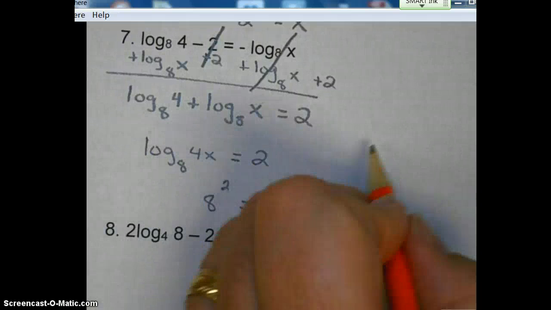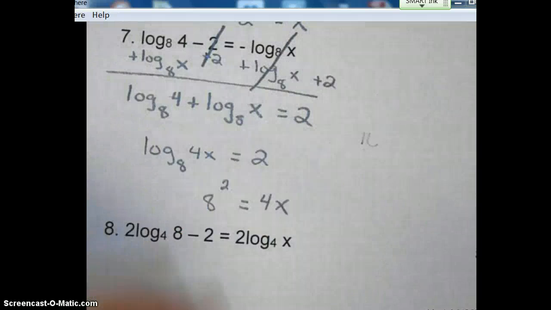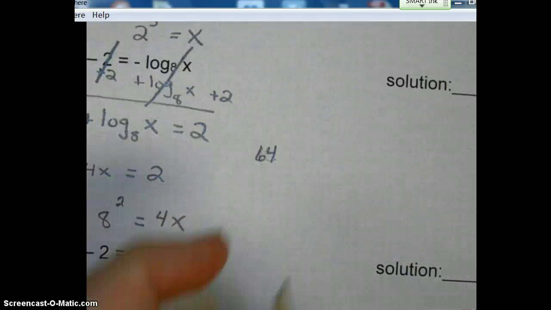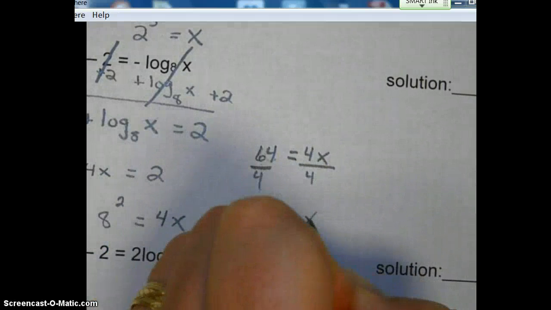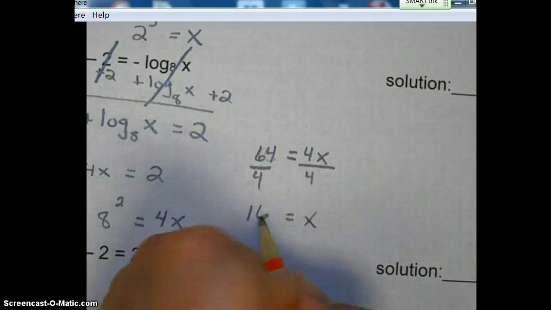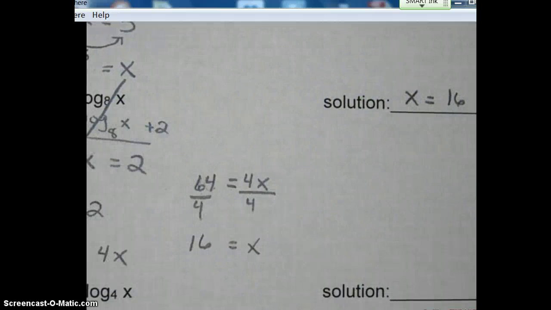Okay, 8 squared is 64. Whoopsie. Wonder why 64 and 16 always seem to get exchanged. All right, 64 equals 4x. Dividing by 4, x equals 16.